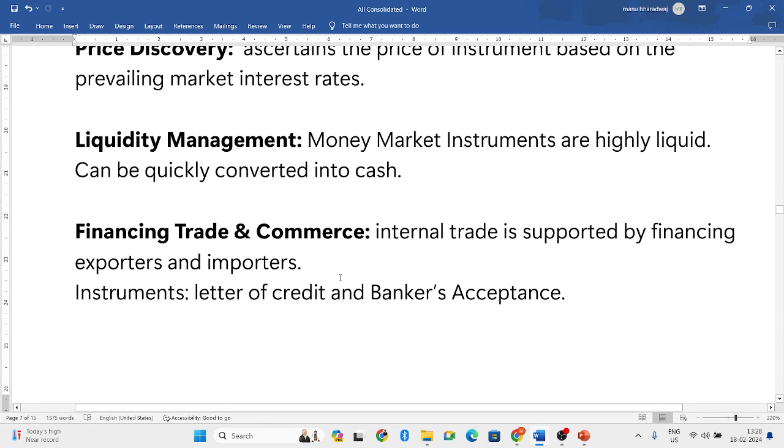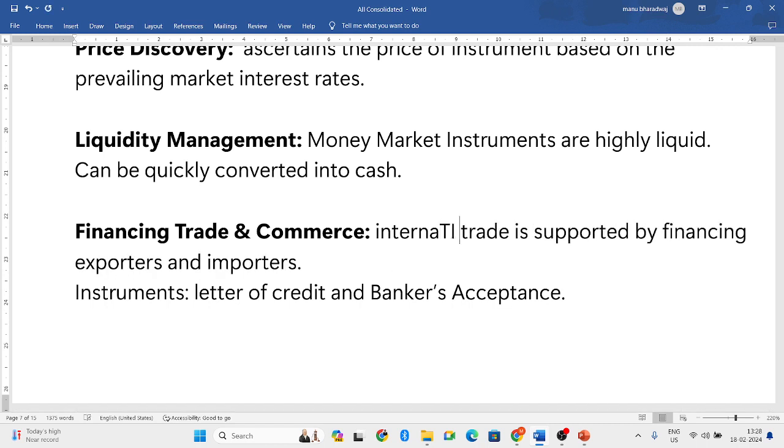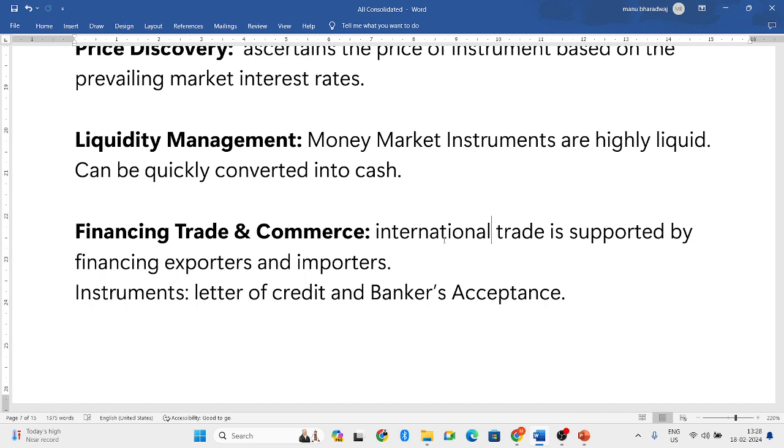Next, financing trade and commerce. International trade is supported. You know that in a country, imports and exports happen. So money market instruments help you fund these exports also, for example a letter of credit.